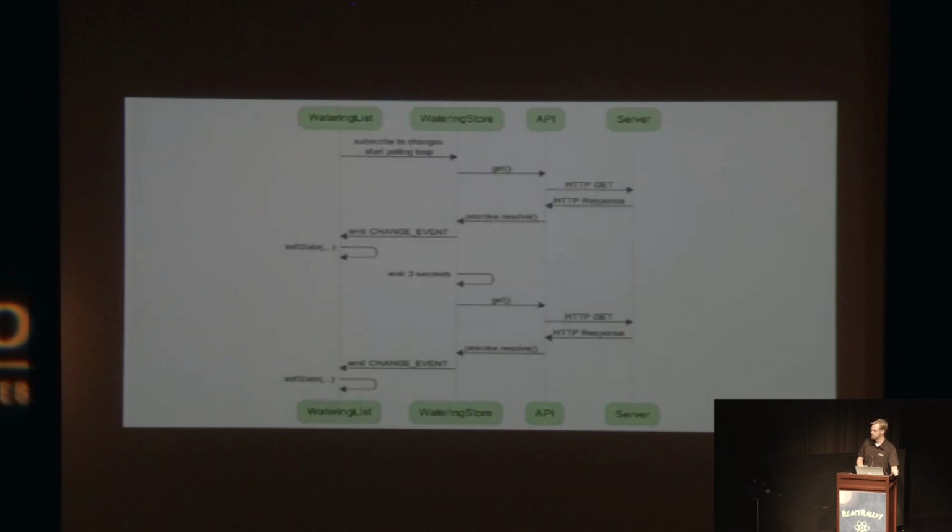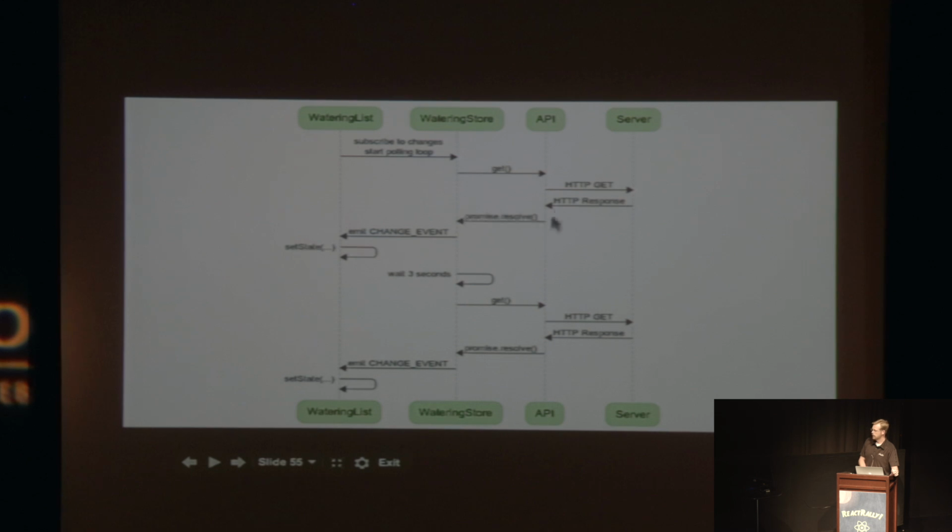Pretty easy. Here's what it looks like in real time. Starting at the top left here. When the watering list comes online or mounts, it sends a message over to the watering store to say, hey, start polling. Then the watering store goes into a poll loop, does a get against the API utils, which then do an HTTP get. That's the H2OCL, YAML API. Responds synchronously, of course, but JavaScript makes it look asynchronously.